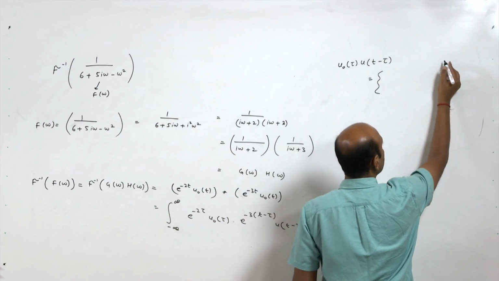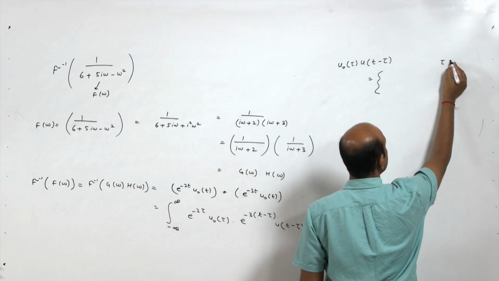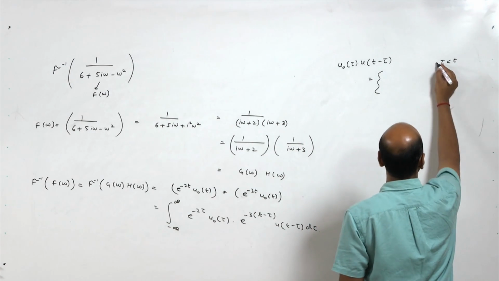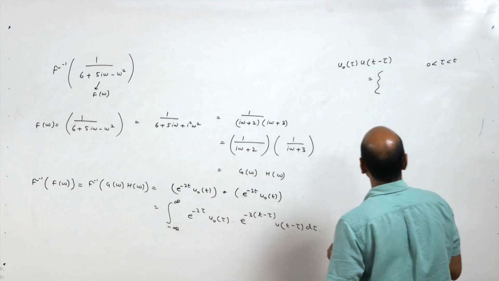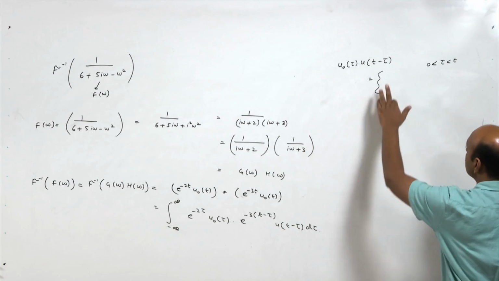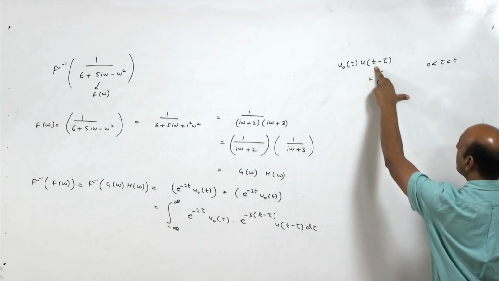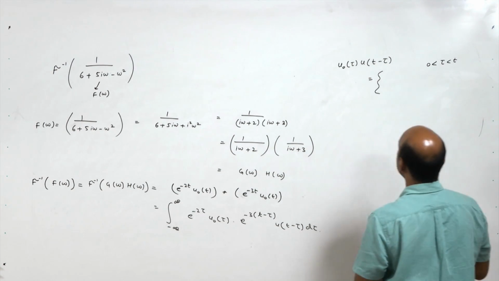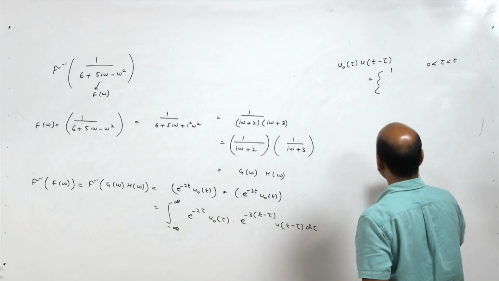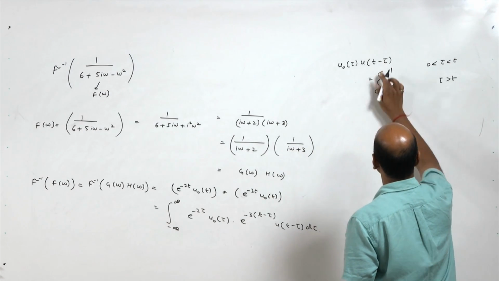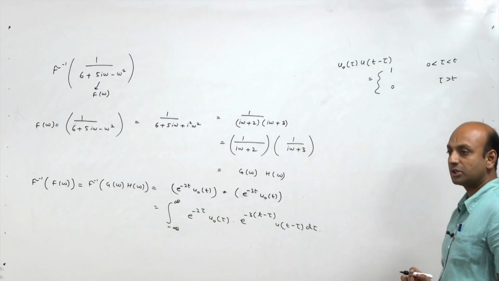When tau is greater than 0 and less than t, this quantity is positive and this is also positive, so 1 into 1 is 1. When tau is greater than t, this is negative, so it will be 0.